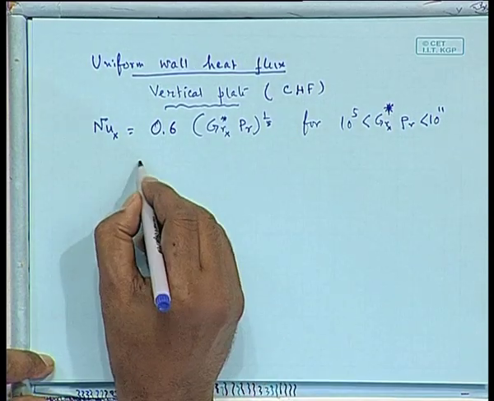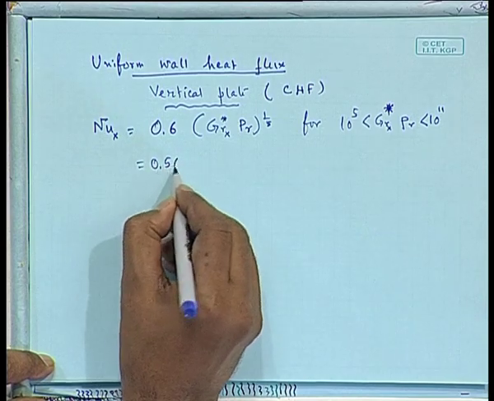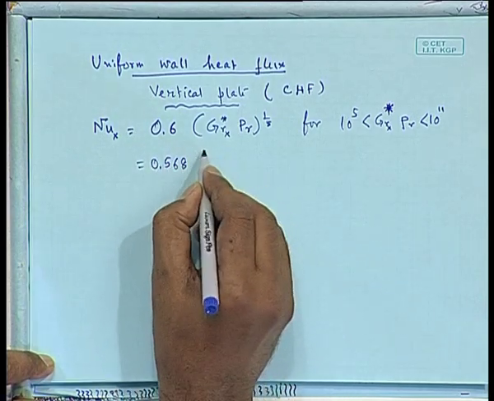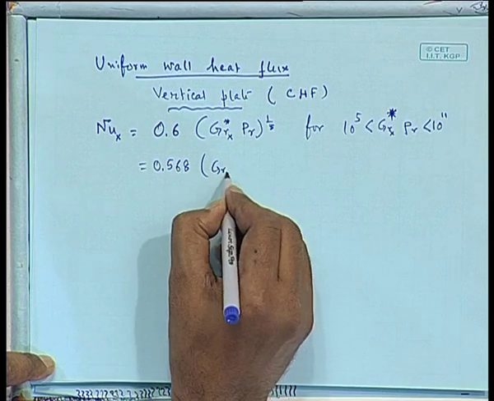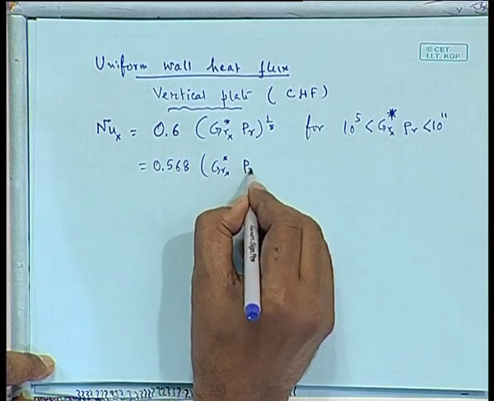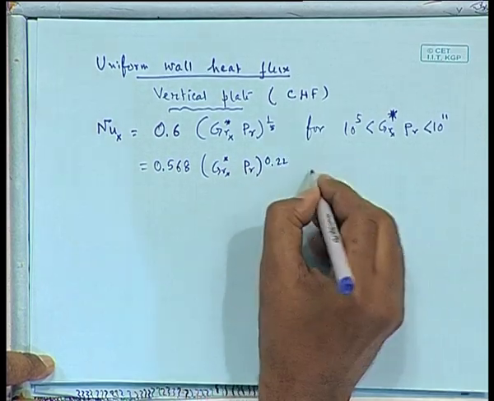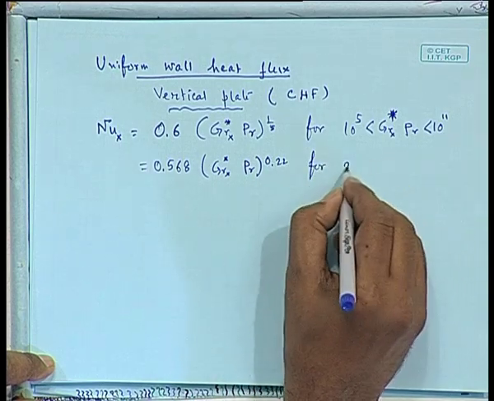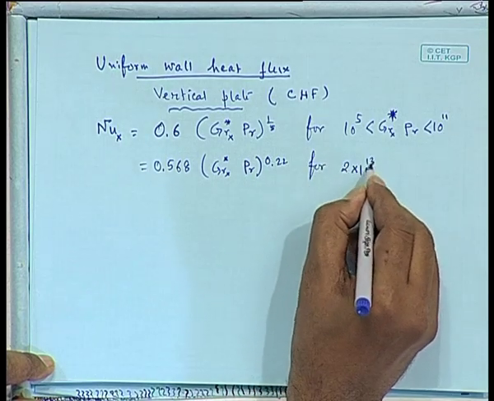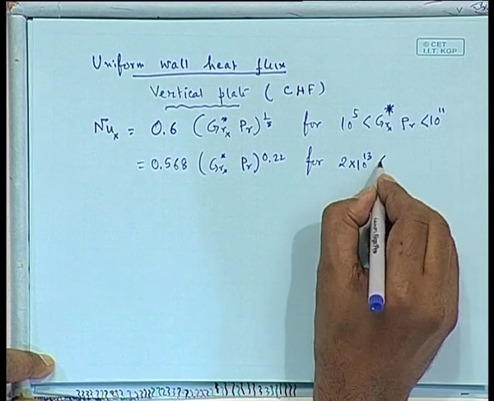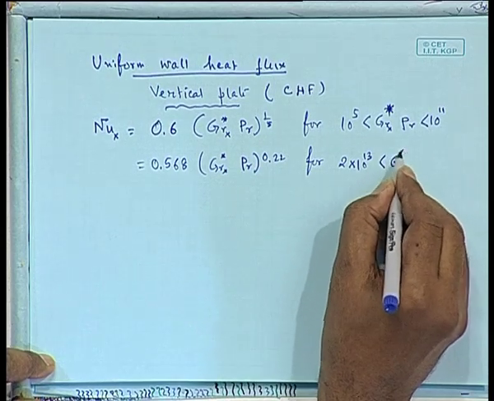And this will take a slightly different form, 0.568 Prandtl raised to the power 0.22, for the higher range of local Rayleigh number.